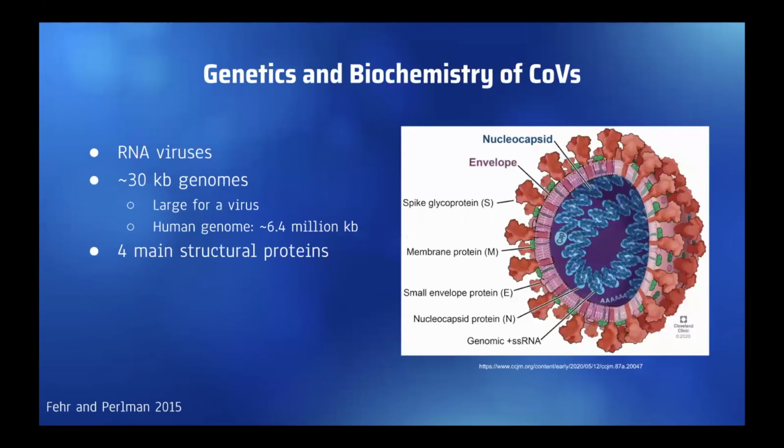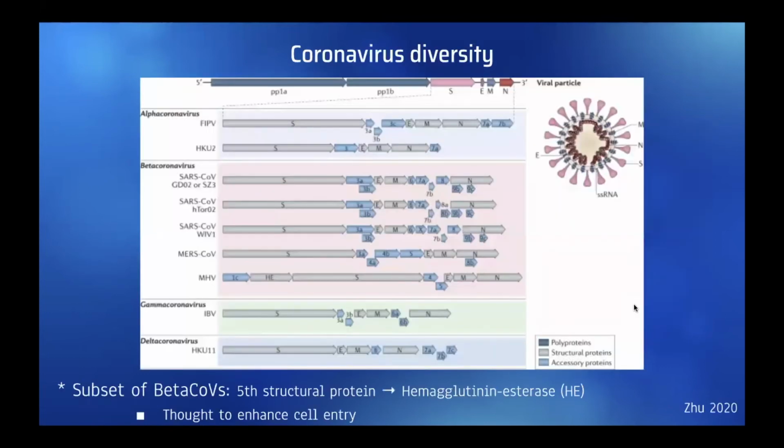Coronaviruses come from incredibly large genomes of RNA viruses that can contain up to 30 kilobase pairs. To understand the magnitude of coronaviruses, the human genome has just around 6.4 million kilobase pairs. In this diagram, we can see the 4 main structural proteins of coronaviruses: the spike, the membrane, the envelope, and the nucleocapsid.